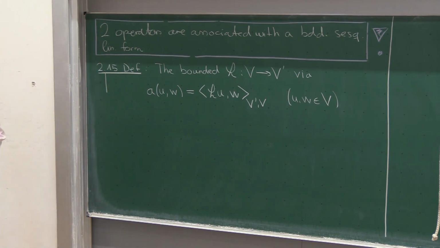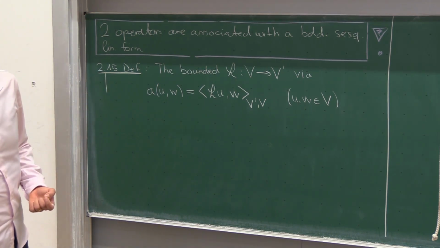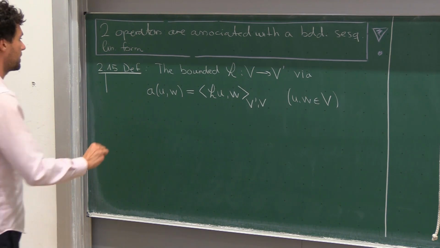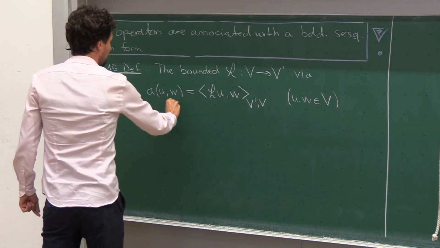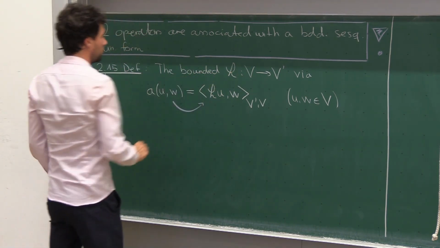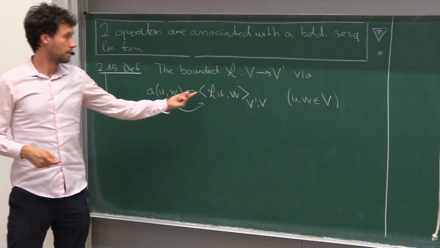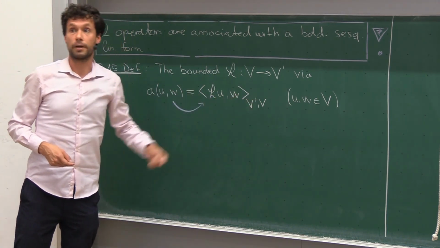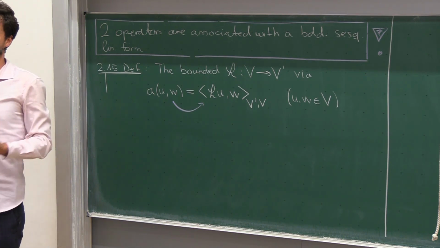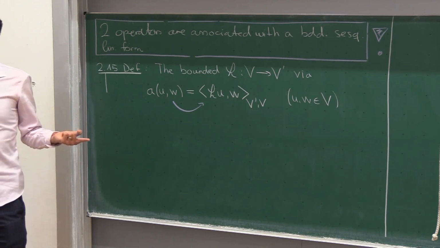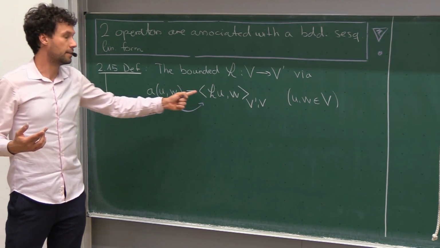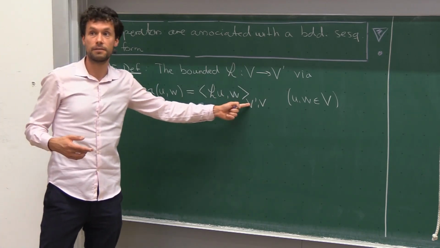Okay. Why do I like this perspective? Because somehow it says that the operator L helps us in representing the sesquilinear form via the V prime V bracket. And now I could think of doing other types of operators associated to A in the same way if I use different definitions of brackets.